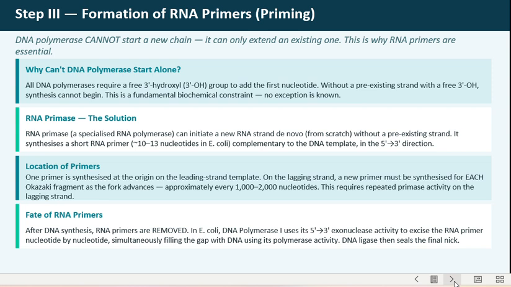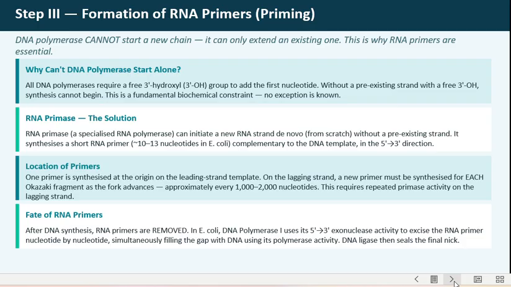So formation of RNA primers itself, like I mentioned, the fundamental problem is that the DNA polymerases can only add nucleotides to a pre-existing strand which has a free 3' hydroxyl group. So that's why even the direction of the growth will be increasing on this 3' end, meaning the new DNA is going to be growing 5' going towards the 3'.